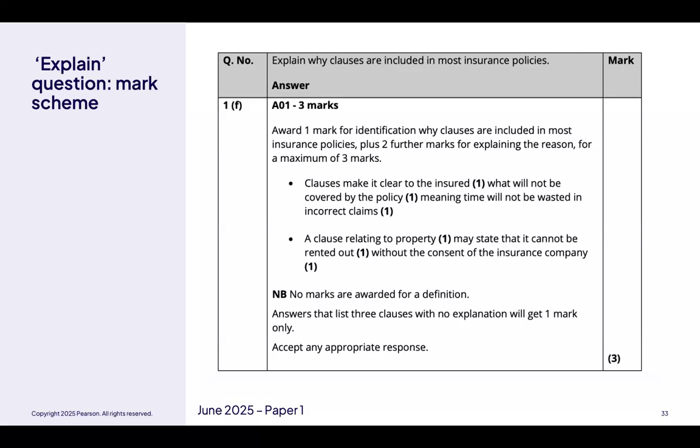Let's have a look at this second example. A clause relating to the property, 1 mark, identifying that clauses can apply to different aspects of commercial activity, may state that it cannot be rented out, here's an example, without the consent of the insurance company. So 2 linked strands here.